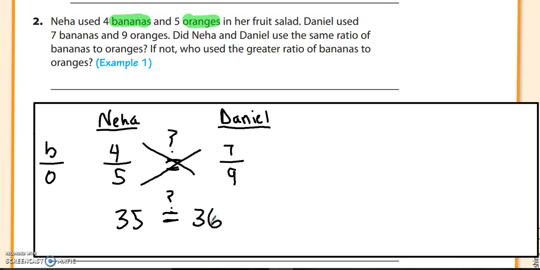And those are not equal. And so that actually answers the first question for number 2. Did Neha and Daniel use the same ratio of bananas to oranges? They did not use the same ratio. There's a second question. I'll answer that in just a second. They did not use the same ratio or equal ratios.